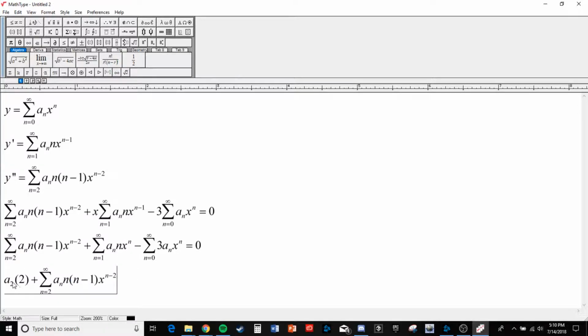Alright, so since these terms are what we get when we plug in 2 for n, we're going to need to start this at 3. This one is good as it is because when you plug in 1 for n, you're going to start at x to the power of 1 already. So that gets to stay.